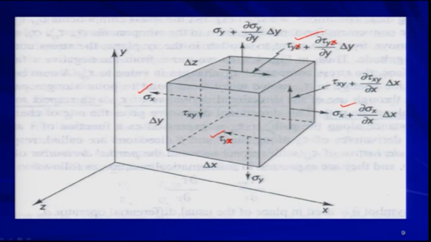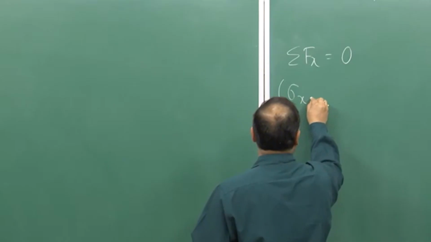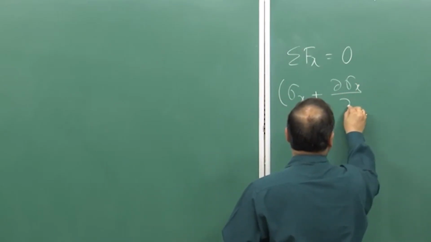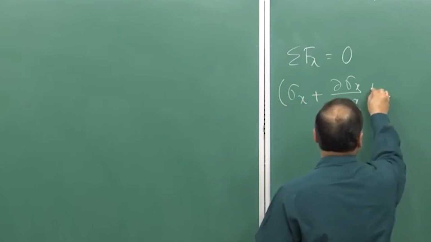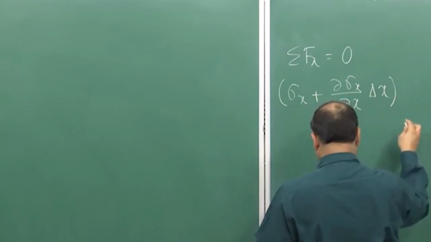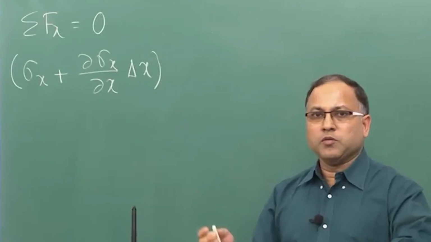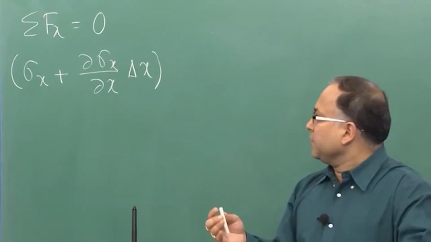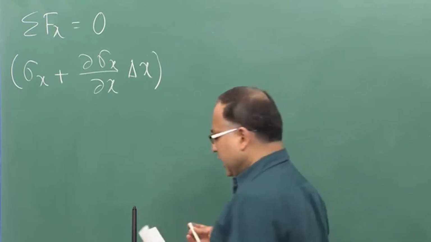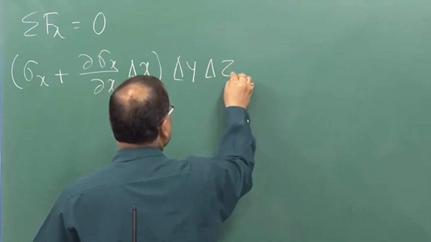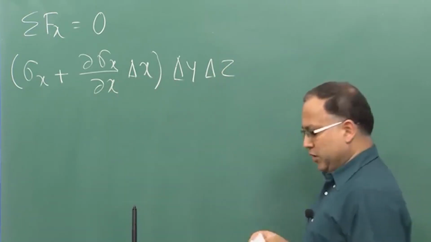So, let us write down those. Sigma x plus del sigma x del x delta x is the stress acting on positive x face, right, on which area? The area is nothing but delta y delta z.